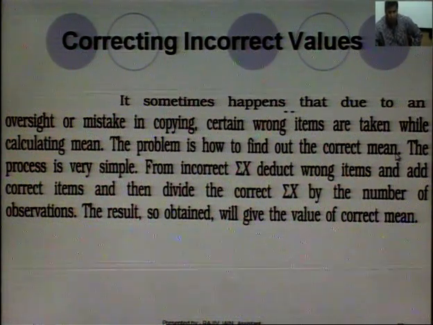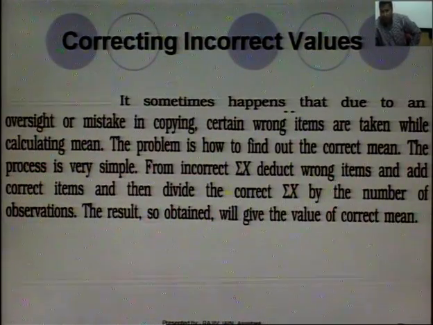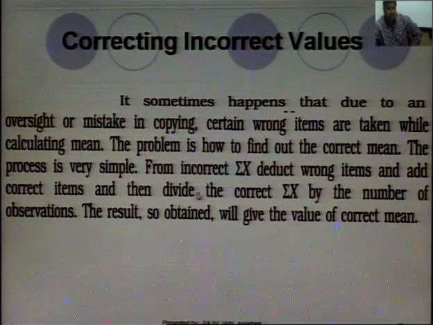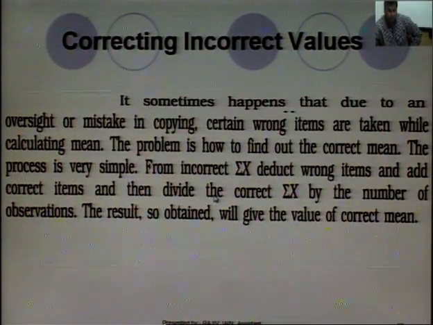The process is very simple. Simply take the incorrect summation fx, deduct the wrong values and add the corrected values, then divide by the total number of observations. The result will be the corrected mean.